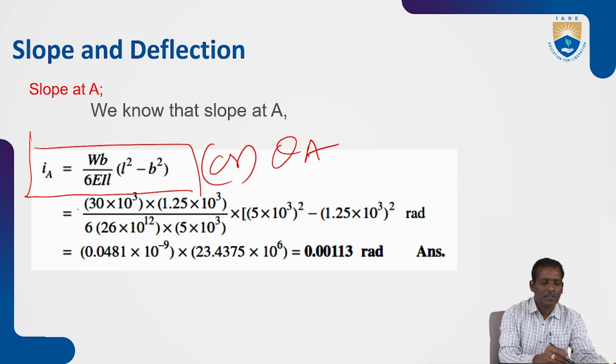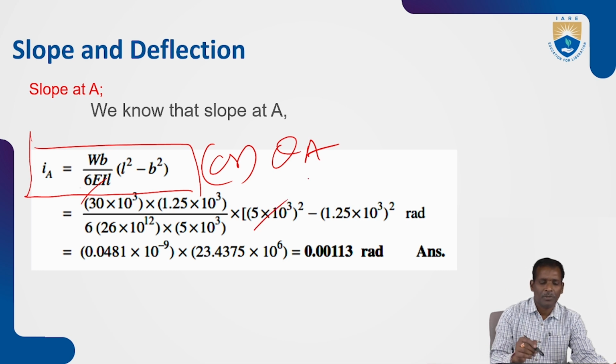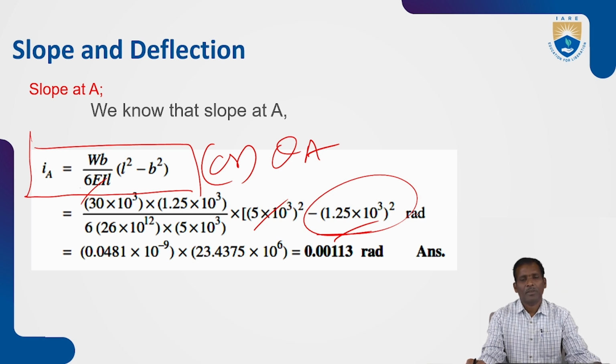So W is 30 into 10 cube, into 1.25 into 10 cube B, divided by 6 into 26 into 10 to the power 12, and 5 into 10 cube, and L square, L is 5 into 10 cube whole square, and B is 1.25 into 10 cube.